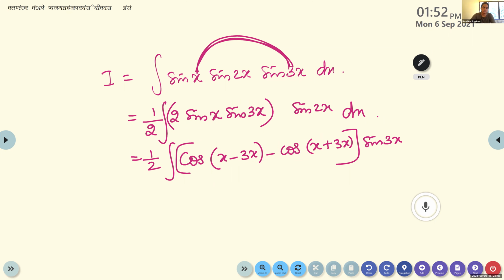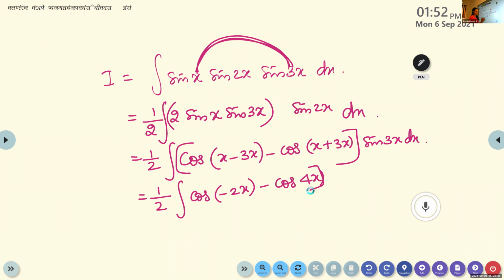Yes, ma'am. 2 sin A sin B is cos(A minus B) minus cos(A plus B). So we can write this as half integral of cos of minus 2x, since x minus 3x is minus 2x, minus cos 4x, into sin 2x dx. Yes, Sanya, very good. Thank you.